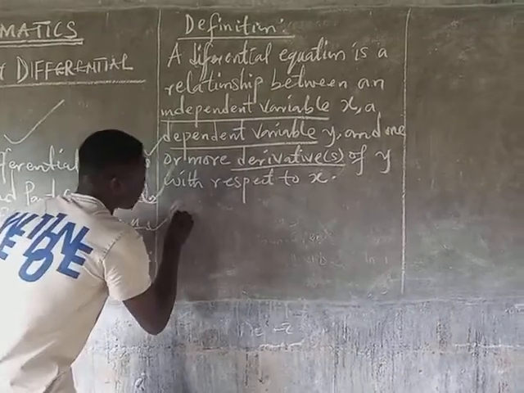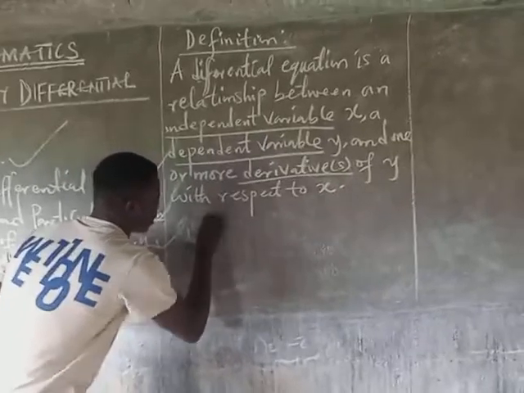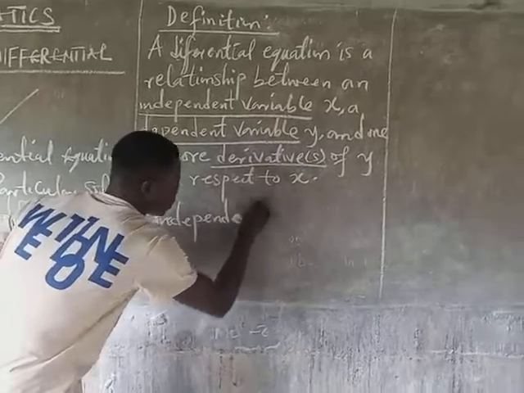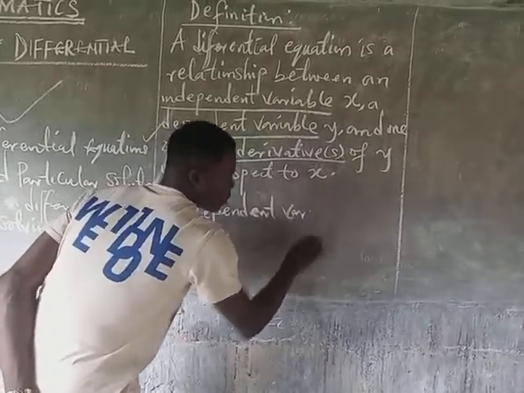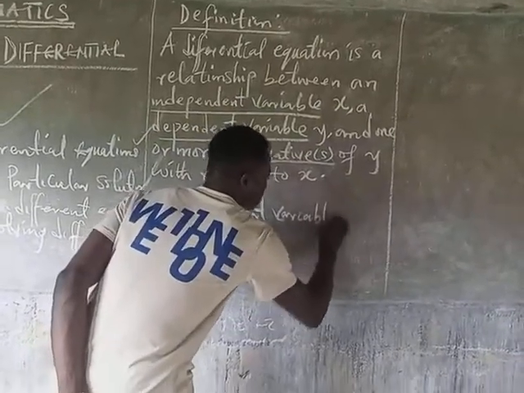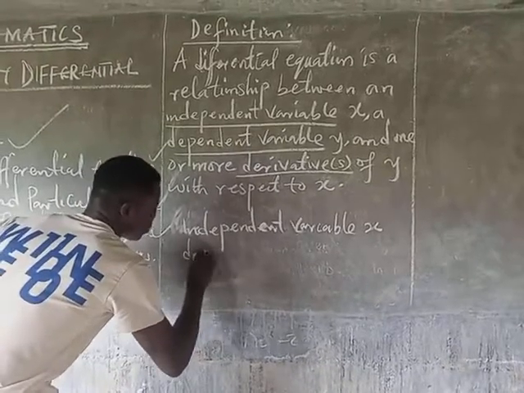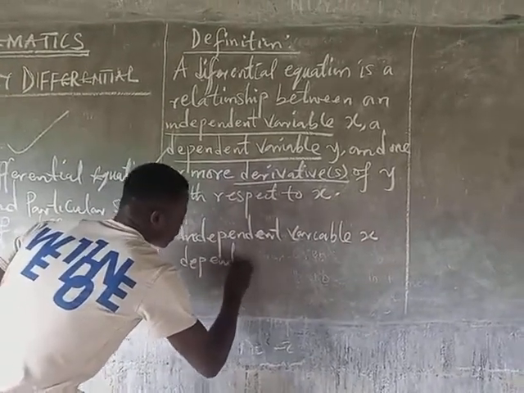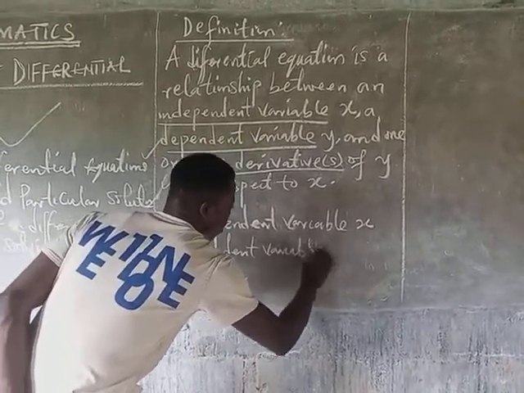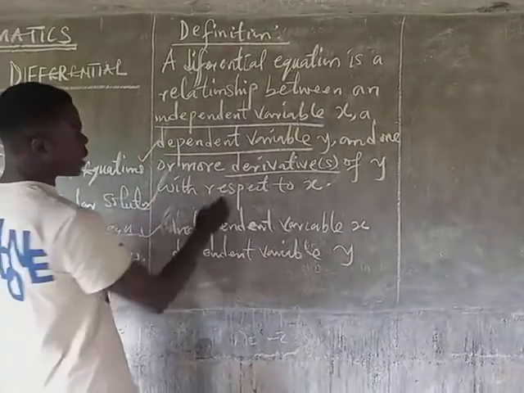So when we say independent variable, that is x, and we also say dependent variable, which is y, and we also mention derivative.